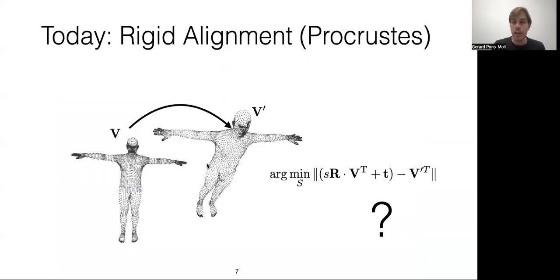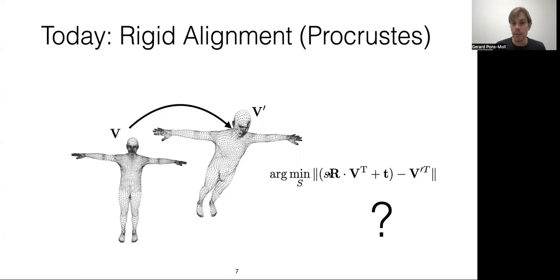So today we're going to see the most basic form of registration, which is Procrustes alignment, which is rigid alignment. Rigid alignment means finding the rigid transformation that optimally aligns the shape source V to the shape target V prime. So what is a rigid alignment?